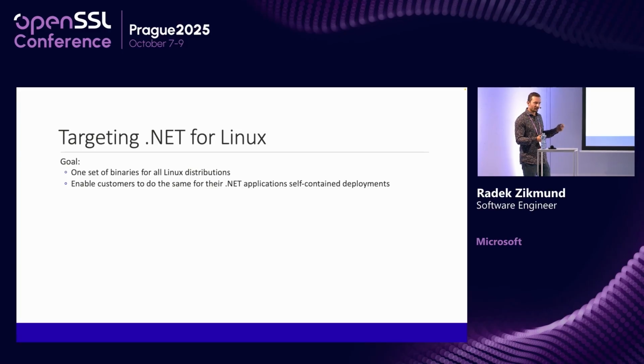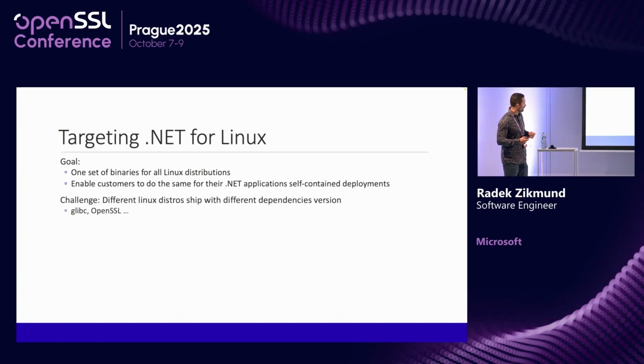So when users download the SDK, they can build their own .NET application, and they can be sure that application will run on any supported distribution as long as they match the CPU architecture. And in the case of Linux, they also need to match the glibc versus musl variant of the operating system.